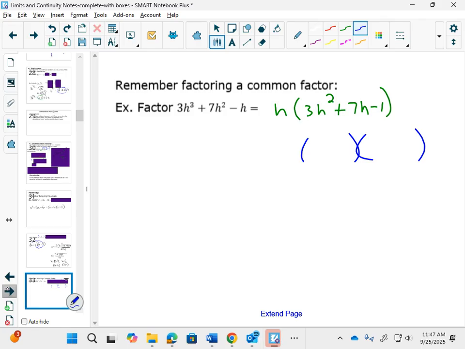This one's actually really easy to try because the 3/8 only gives you one option. It would have to be that if it was possible. And the 1 only gives you one option. Look at your outside and inside. Does it ever make 7, adding or subtracting? No. So with mental math, I can pretty quickly determine it cannot be factored.